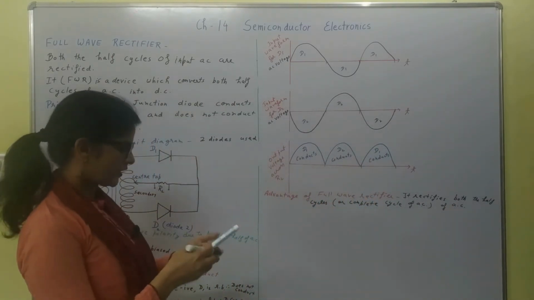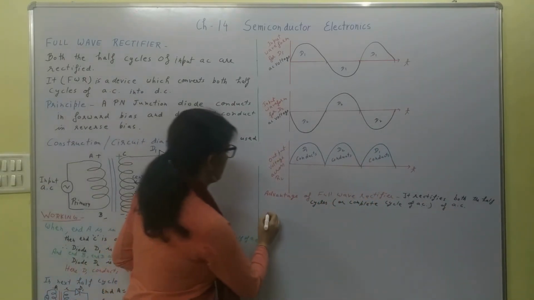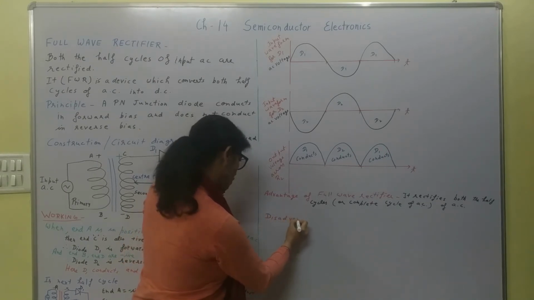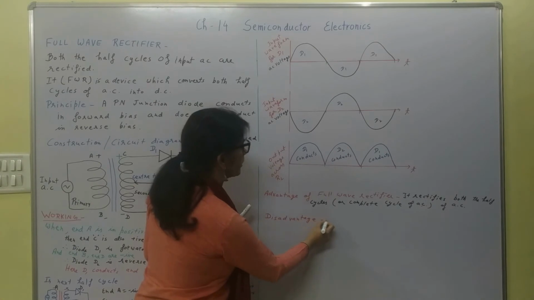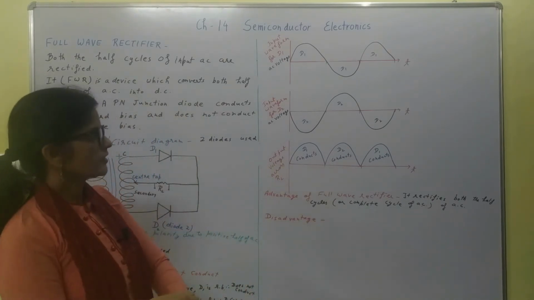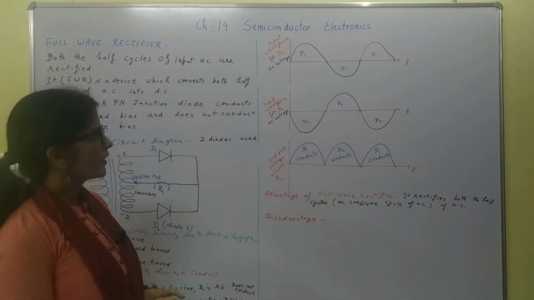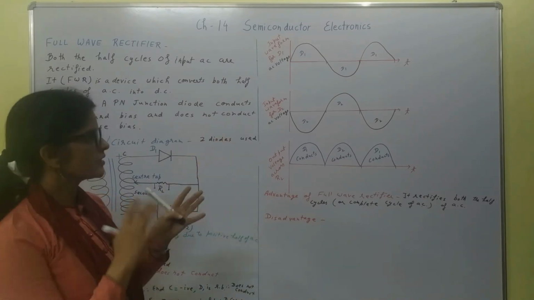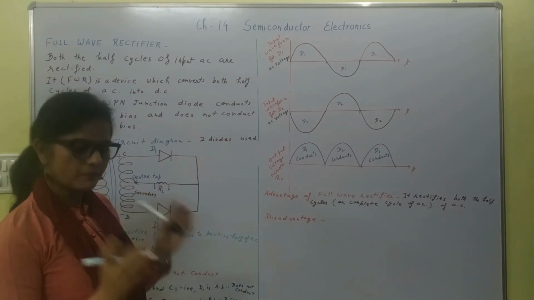And what is the disadvantage? The major disadvantage is that though this current is unidirectional, it is increasing and decreasing in value. That means it is pulsating, or it is having a ripple effect.